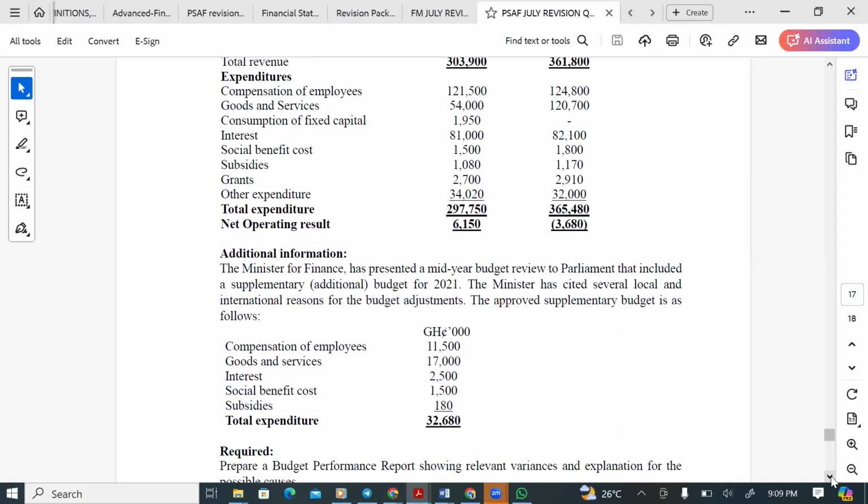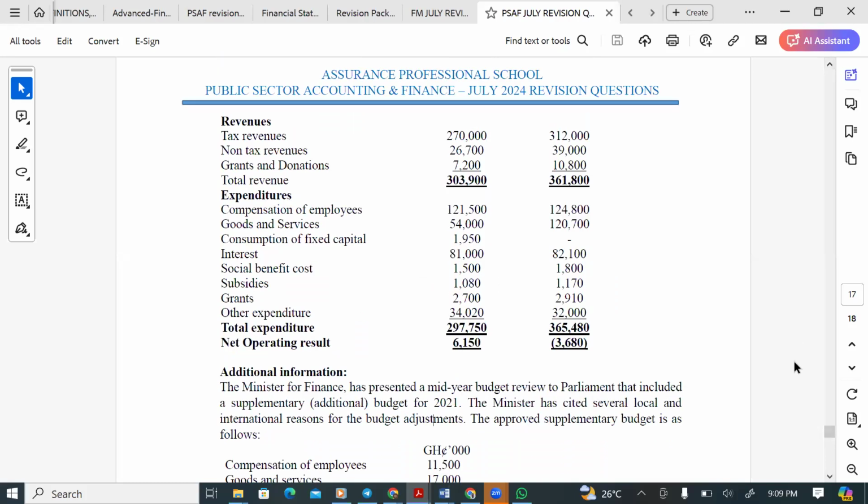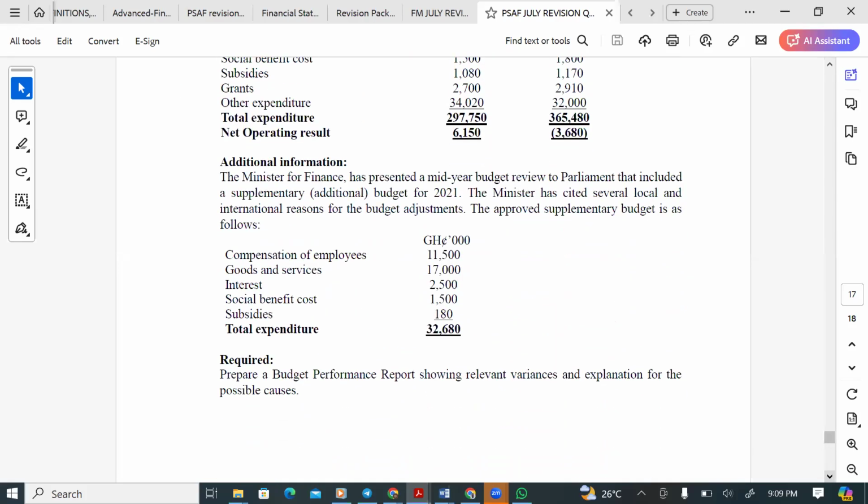The Minister has cited several local and international reasons for the budget adjustments. The approved supplementary budget is as follows. Compensation of employees, 11,500. Goods and services, 17,000. Interest, 2,500. Social benefits costs, 1,500. Subsidies, 1,800. The total, 32,680. Required: prepare a budget performance report showing relevant variances and explanation for the possible causes.